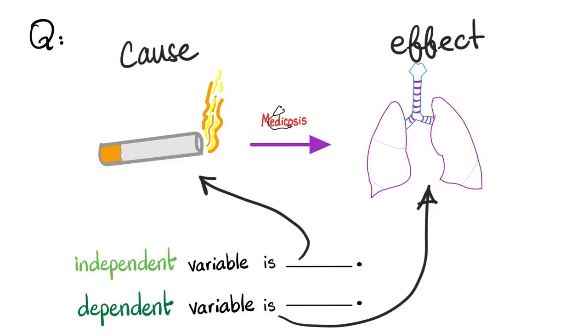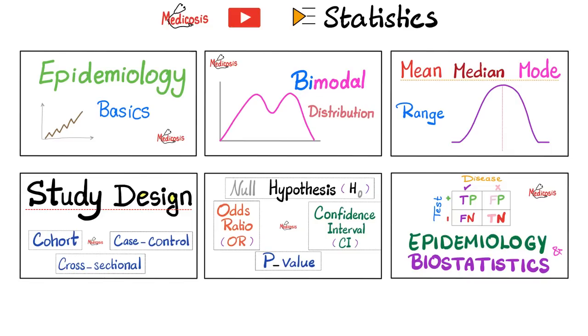Of course, this is not true for every single type of lung cancer, but you get the point. You can learn more about lung cancer in my pulmonology playlist. In this playlist, there is a video titled Independent versus Dependent Variable, and there is another video that will teach you about numerical versus categorical variables: continuous, discrete, nominal, and ordinal.